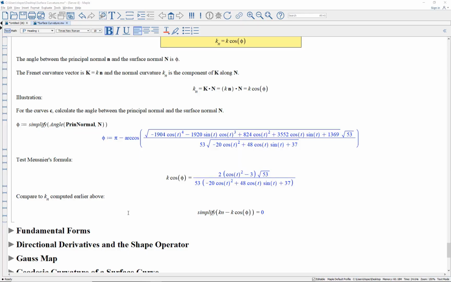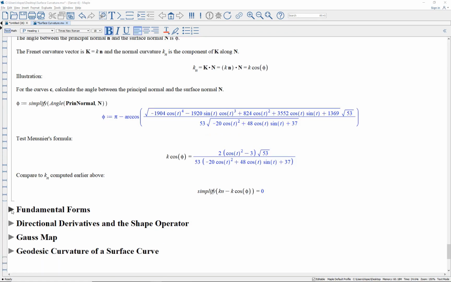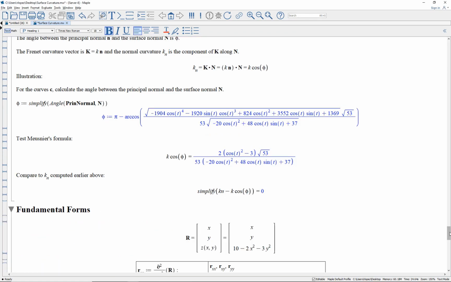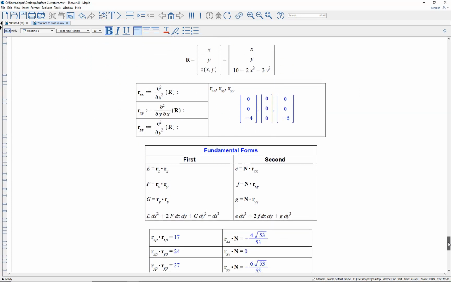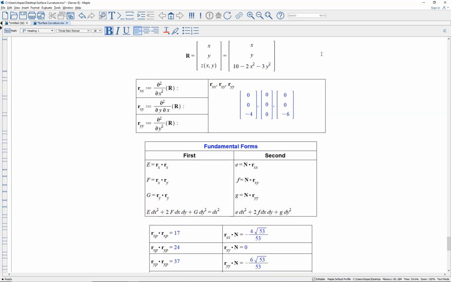Now, if you've done any study of surfaces, you would have run across the fundamental forms, the first and second fundamental forms. So here's a quick review, because these things came up in my reading.